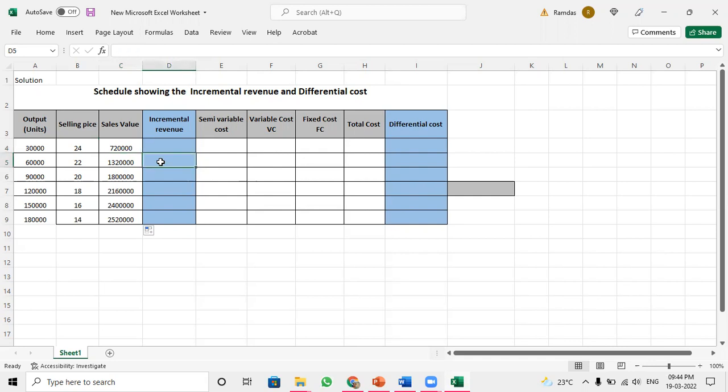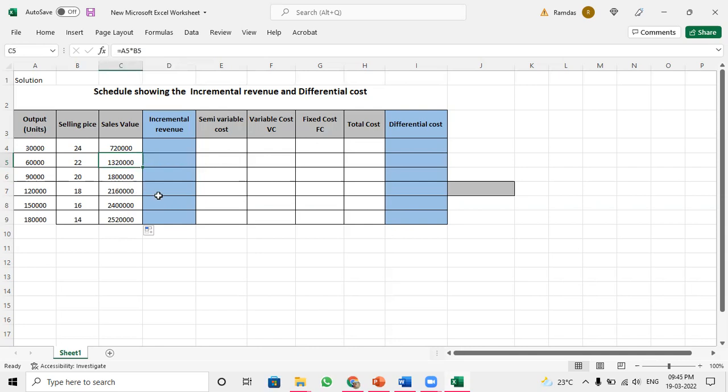So that means there is an incremental revenue. When the current sales revenue is lesser than the previous level of sales, there is said to be a decrease in the value. That is called decremental revenue. If you look into the sales value over the levels of activities, it is increasing level after level.